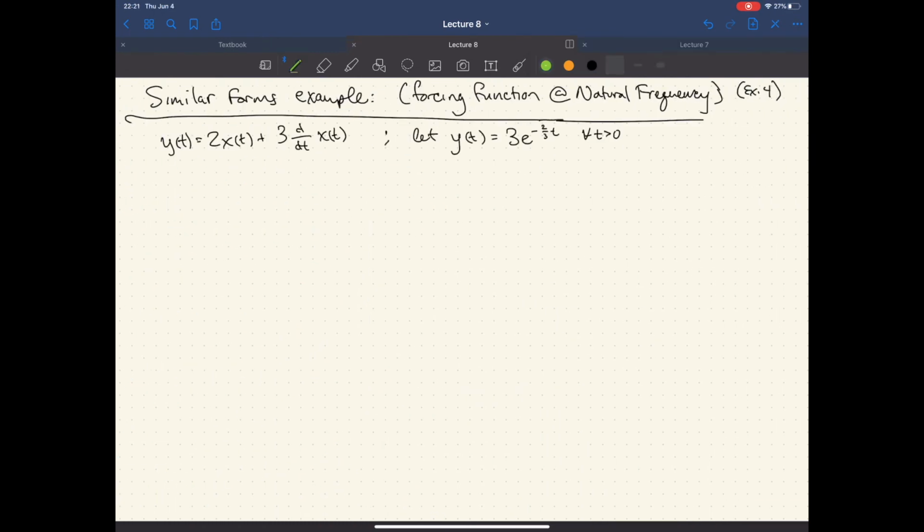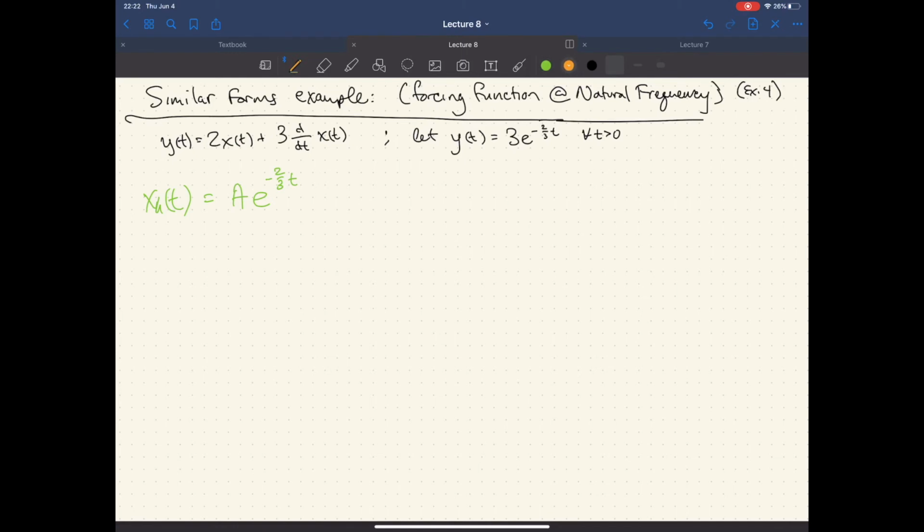All right, continuing on our adventure, we have the following. We already know for this particular problem, because we've solved it over and over again, that our homogeneous solution is a times e to the minus 2/3 t.